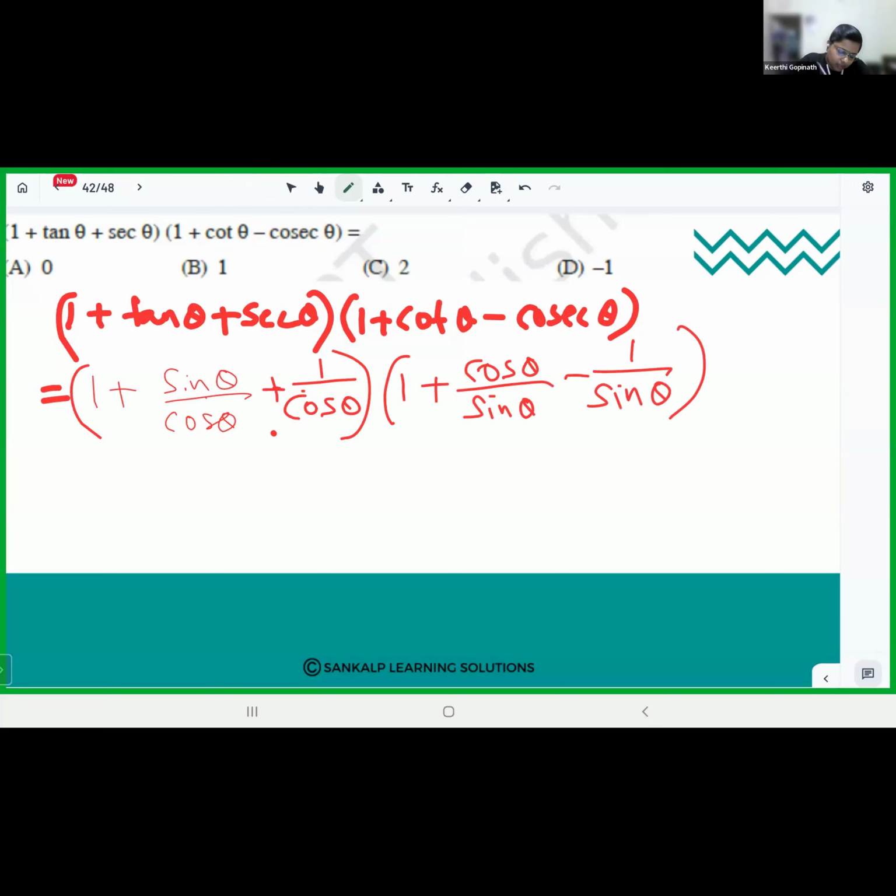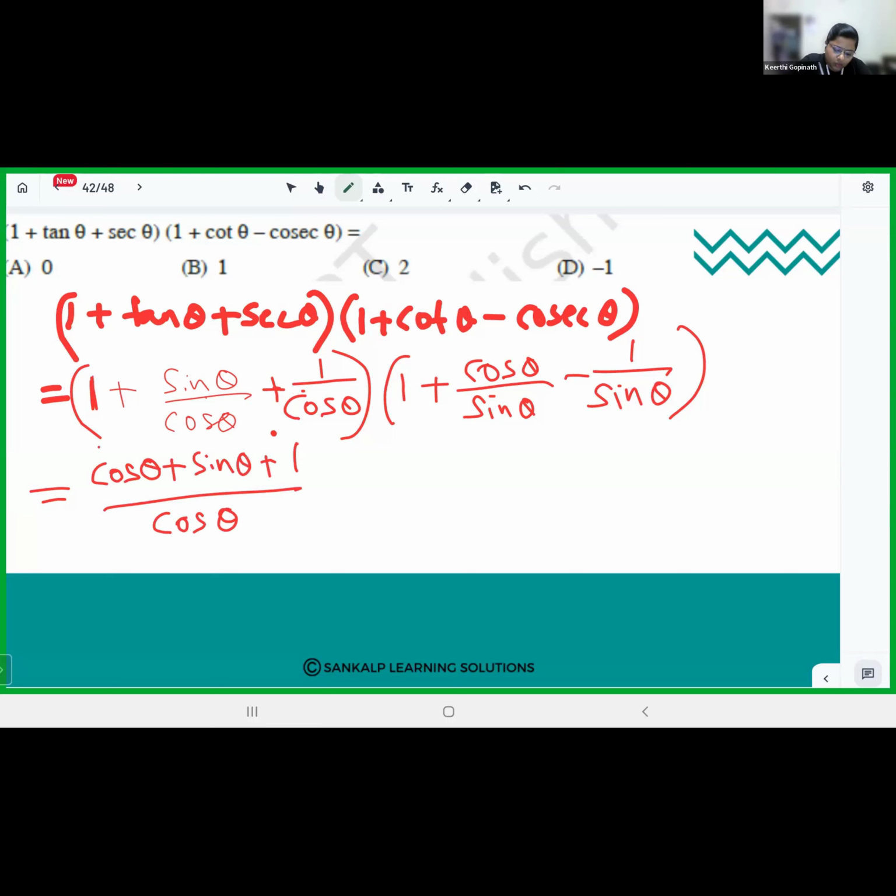Now consider the denominator. It is cos theta except for the first one, so make the denominator cos theta. You have to multiply it with cos theta to make the denominator cos theta. So cos theta plus sin theta plus 1.